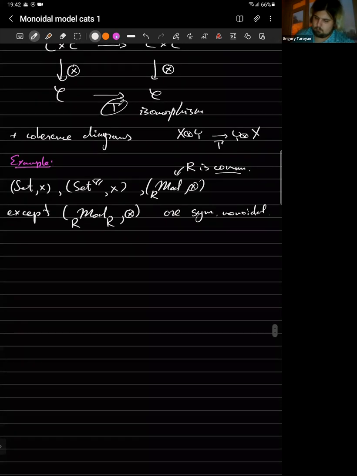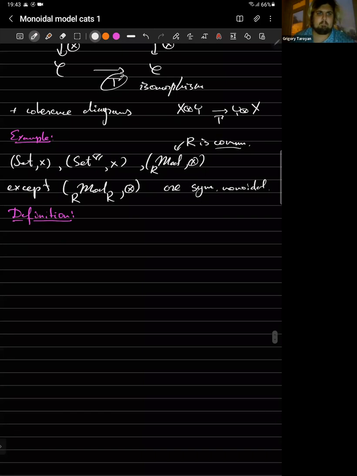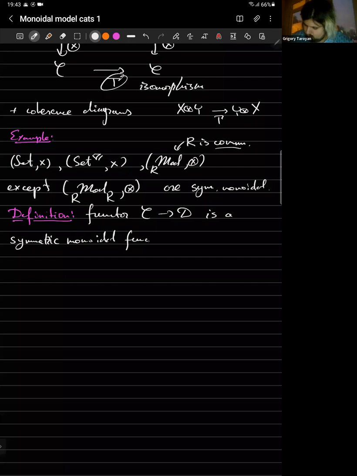First of all, it should be monoidal. And second, the following diagram commutes.